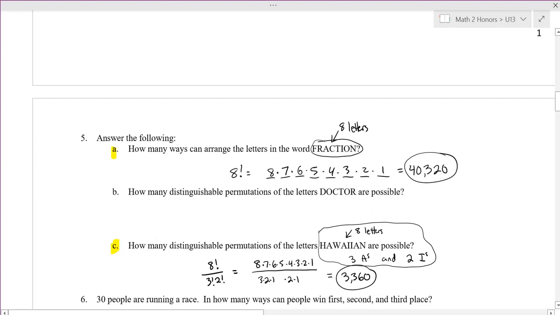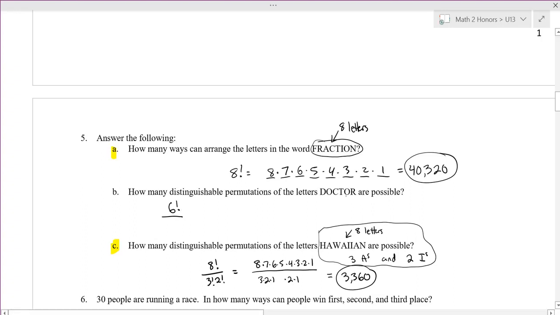And this is with letters and how many different rearrangements of the letters can you have. Doctor has 1, 2, 3, 4, 5, 6 different letters, and so we have 6 factorial, which is 6 times 5 times 4 times 3 times 2 times 1, over, and you look for repeat letters.